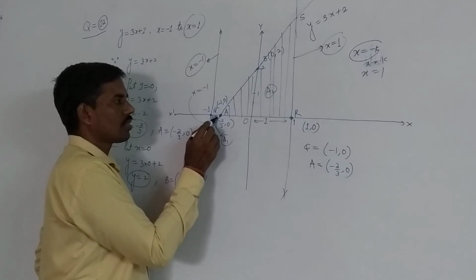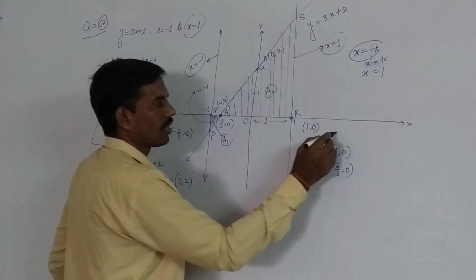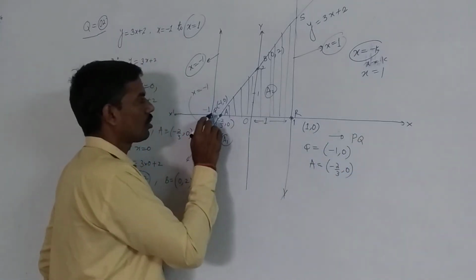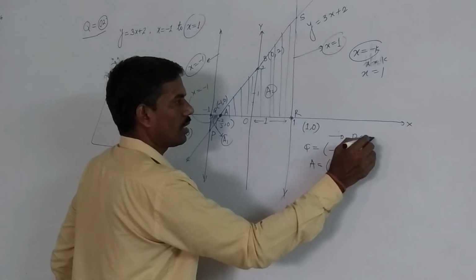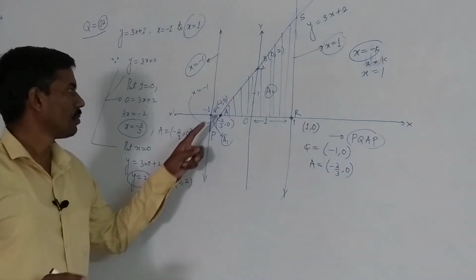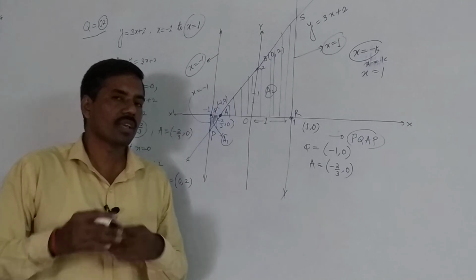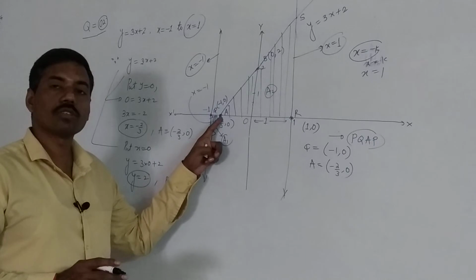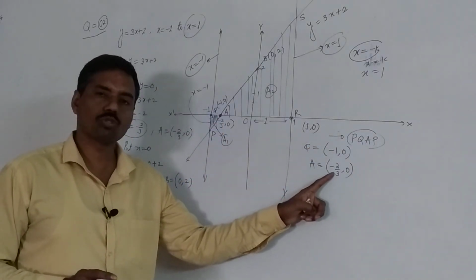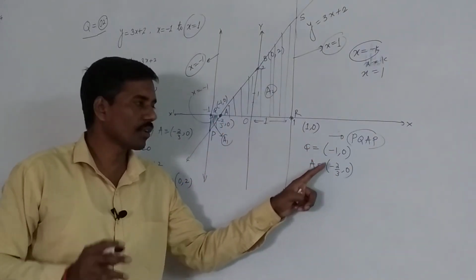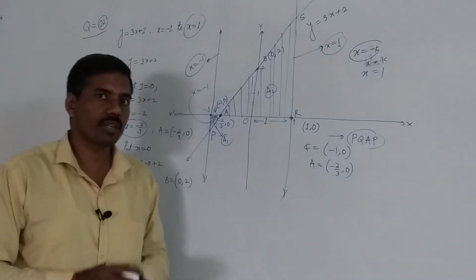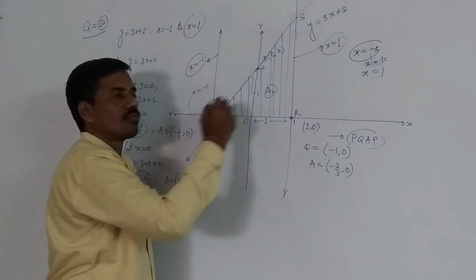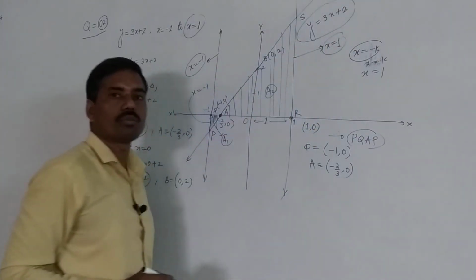That is, the area of the region PQAP is the area covered from x is equal to minus 1 to x is equal to minus 2 by 3, and the curve, meaning the straight line whose equation is y is equal to 3x plus 2.